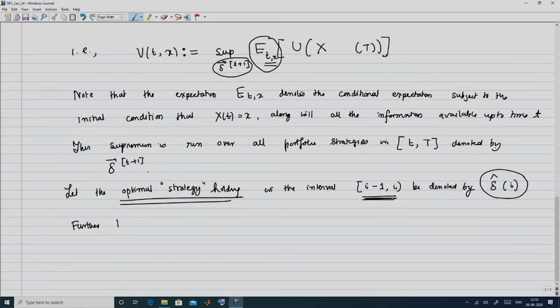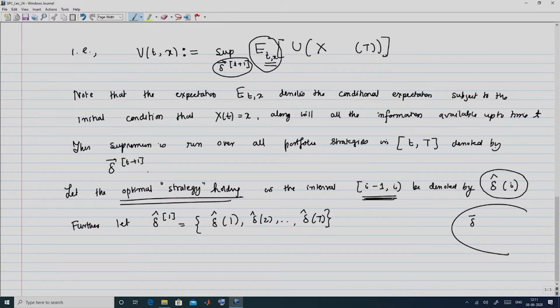this automatically gives me the analogous delta hat of square bracket of I. This is going to be nothing but the optimal strategy delta hat of 1, delta hat of 2, all the way to delta hat of capital T. So, what you want to find is essentially that if you have delta vector of 1, and then once you have optimized this, that means you have ascertained that delta vector of 1 which will give you the optimized value, which is delta hat of 1 as a result from maximizing the expected utility.